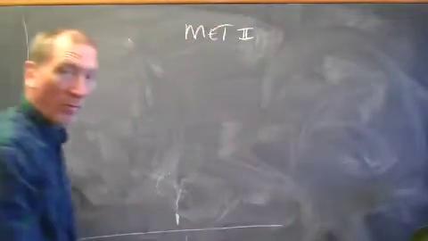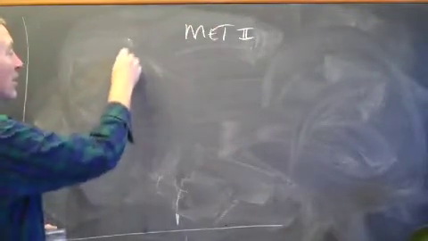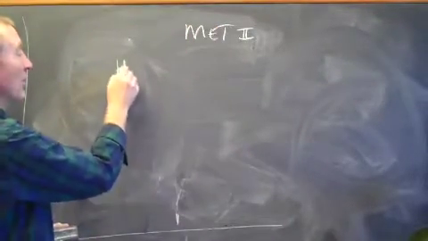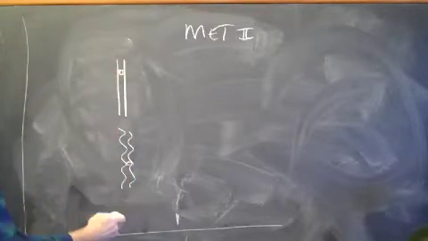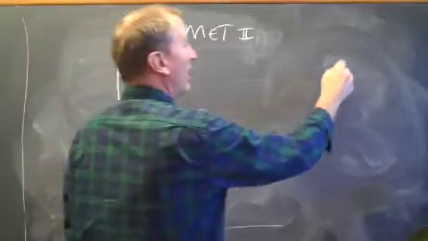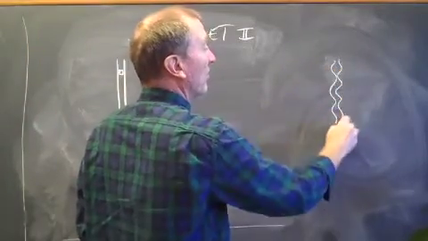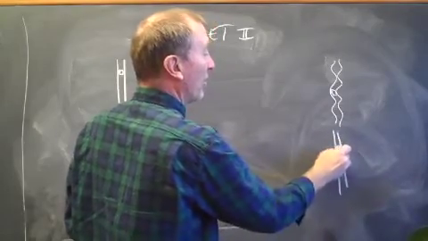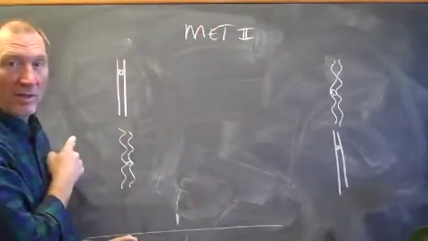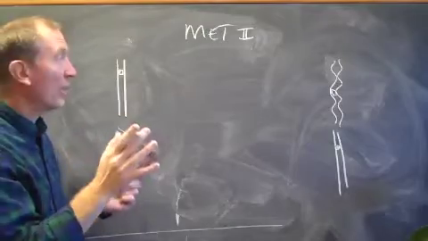I'm going to show both sides of the cell. Here we've got the straight homolog and the squiggly homolog of one pole lined up on the metaphase plate. And just for variety, I'll put the squiggly on top here and the straight on the bottom on the other pole. So now we're in metaphase 2.